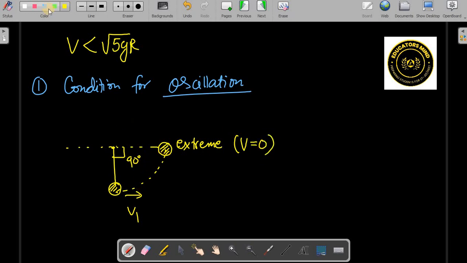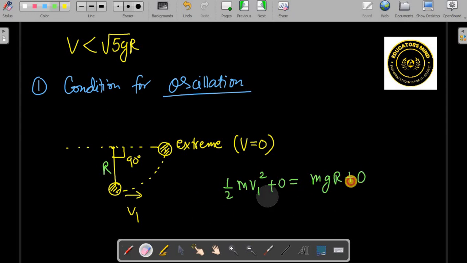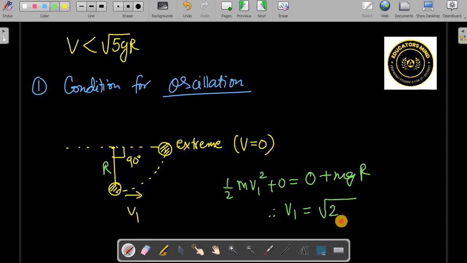So let's apply energy conservation here. This is the radius r. At the bottom, kinetic energy is half m v1 square and potential energy is 0. At the top, kinetic energy is 0 and potential energy is mgr. So from here v1 is equal to root 2gr.